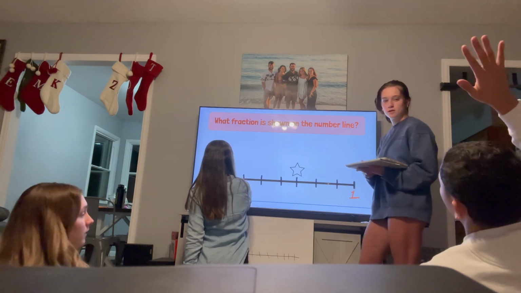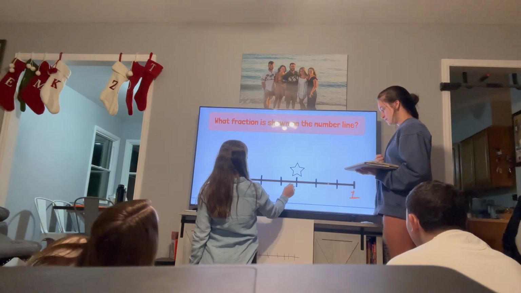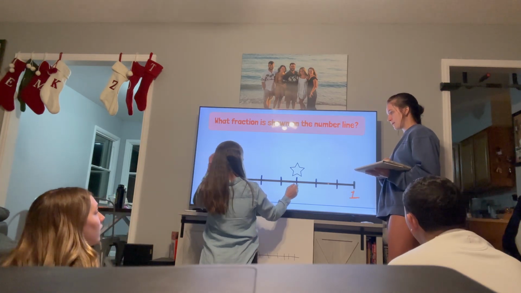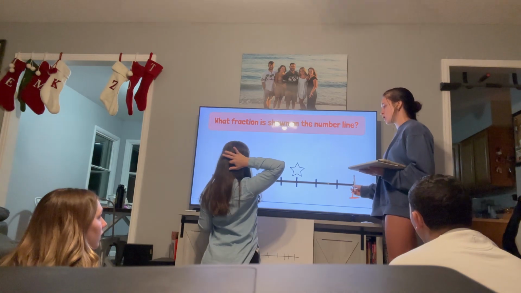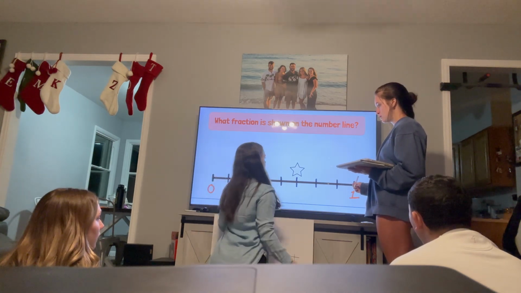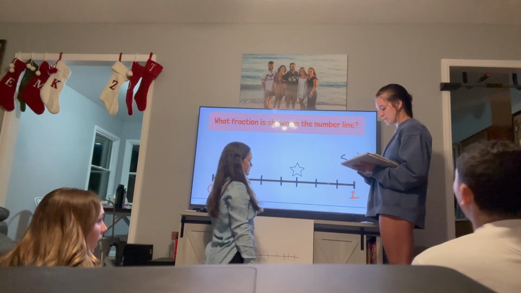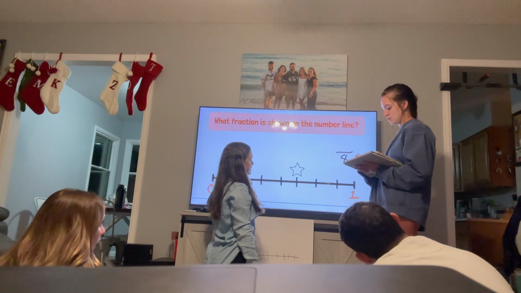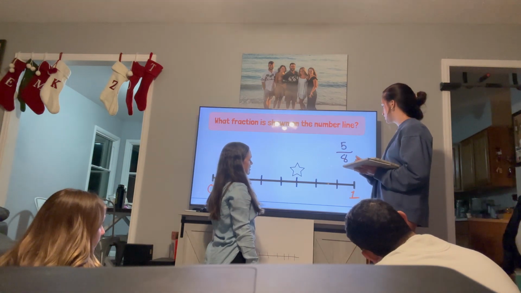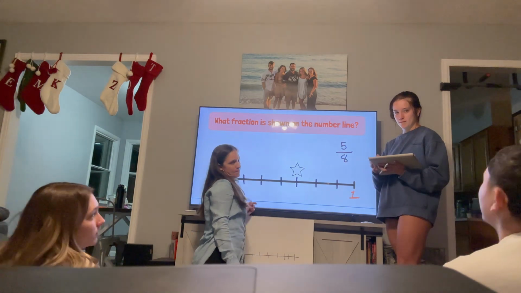So 1, 2, 3, 4, 5. So which one was the 8, the numerator or the denominator? Denominator. Good. And was 5 the numerator or denominator? Numerator. So what's the fraction? 5/8. Good.